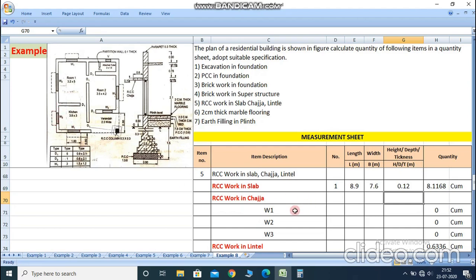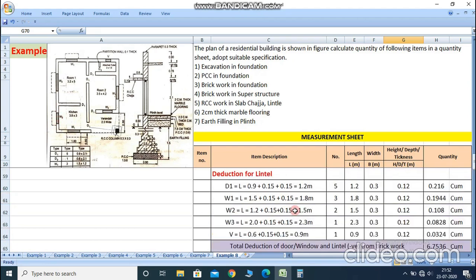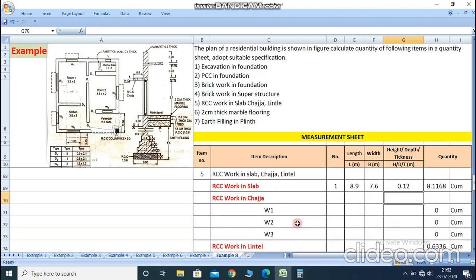We already calculated the lintel lengths: 1.8 meter for W1, 1.5 meter for W2 and 2.3 meter for W3.